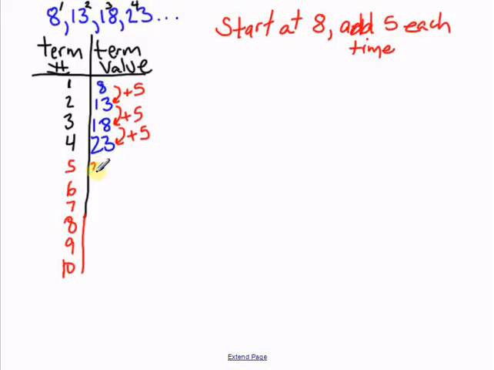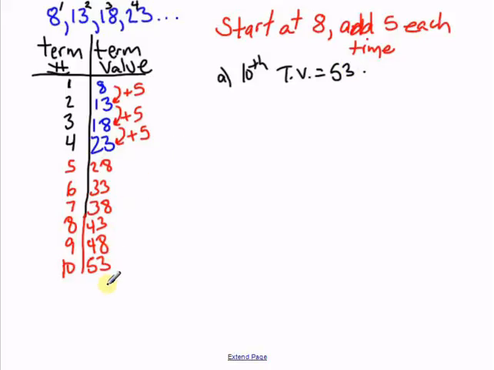So I'm going to be 28, 33, 38, 43, 48, 53. So the 10th term value is 53. Easy enough to extend the table and do that if we're just going up to 10. But we want to get up to the 75th term number, and I don't want a table that has 75 entries. So I'm going to come up with an expression.